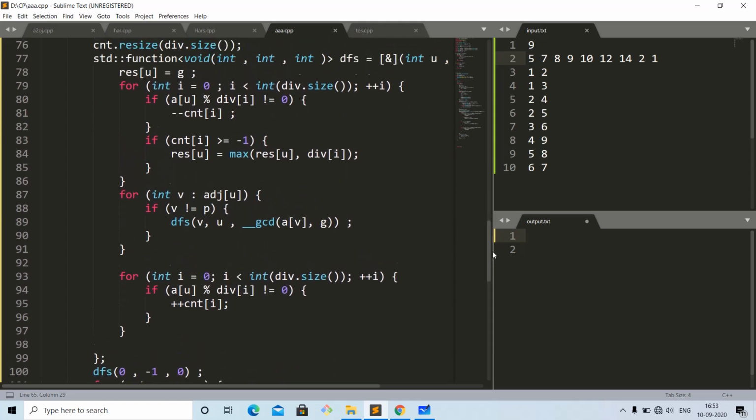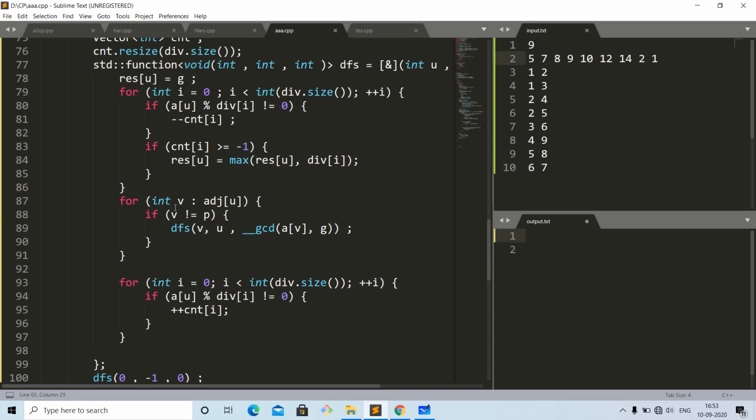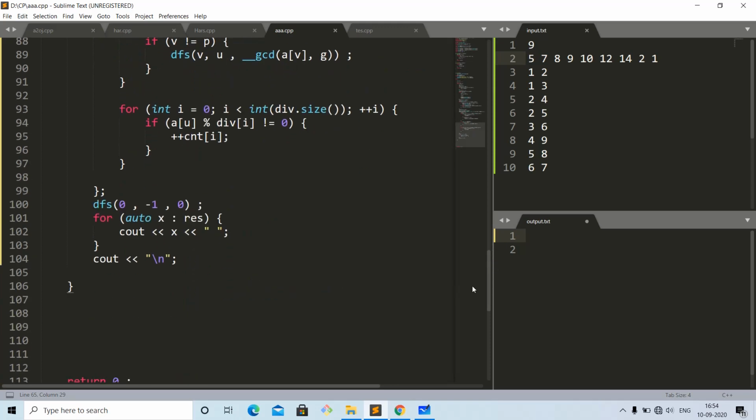After that we will traverse those vertices which are not visited, and after the recursion breaks out, when we pop, we will increase the value of the count array in such a way that those values are considered which are not divisible by i. As we have dropped here, we will increase here so that it will not affect the result. And in the end we will just output the result.